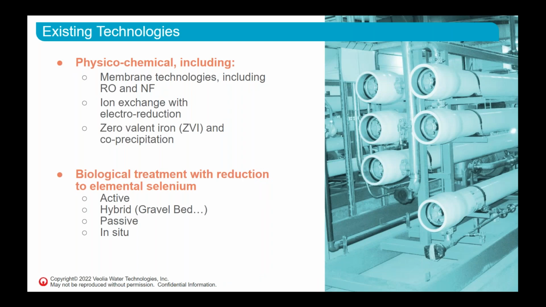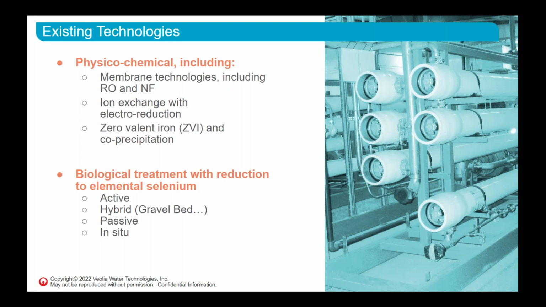Basically, there are at least two main approaches there. One I'm going to call the physico-chemical approach. That's basically using stuff like membrane technologies, where you do a separation based on size, or ion exchange technology, where you do a separation based on the charge, or zero valent iron with co-precipitation, where basically you do a reduction using metallic iron.